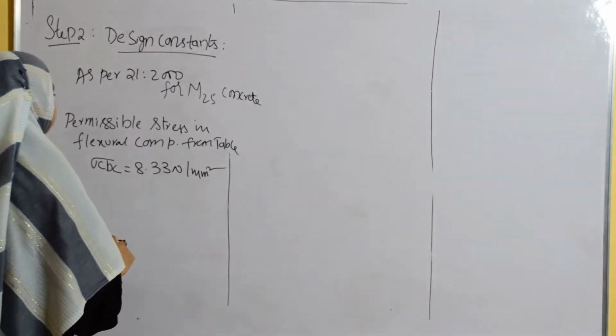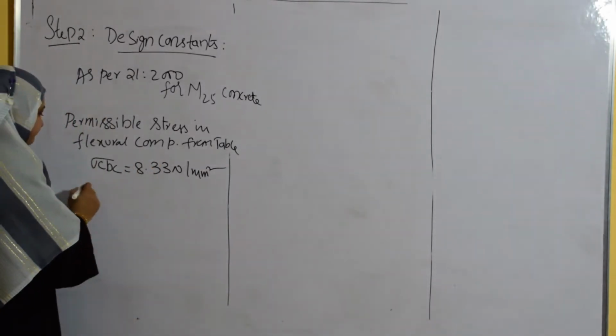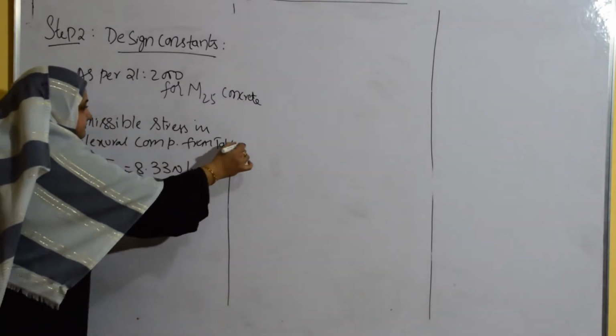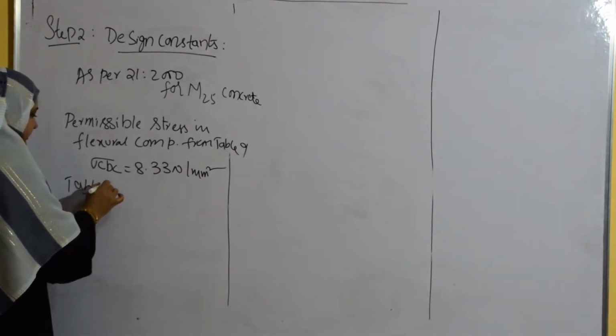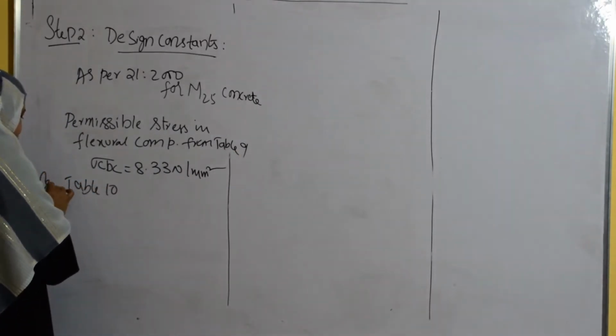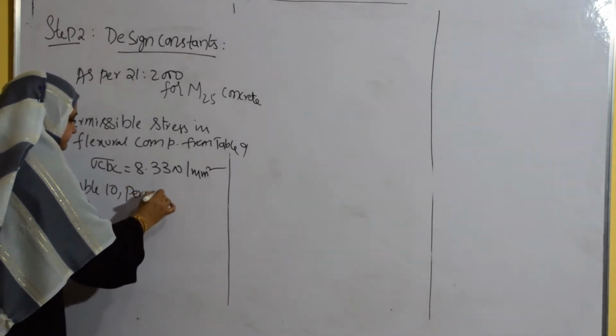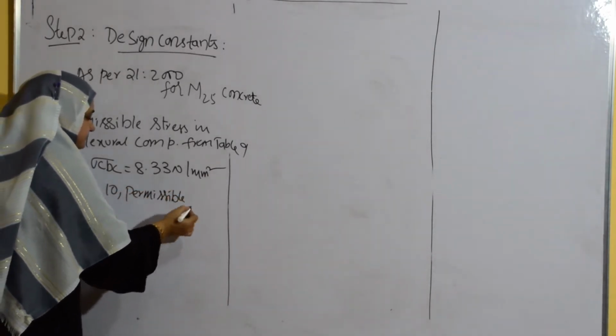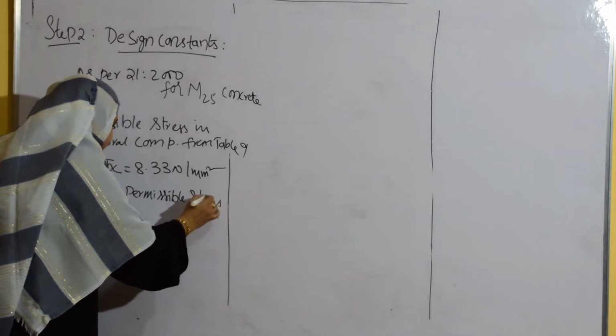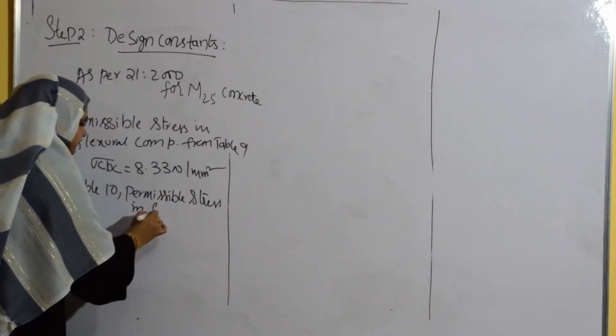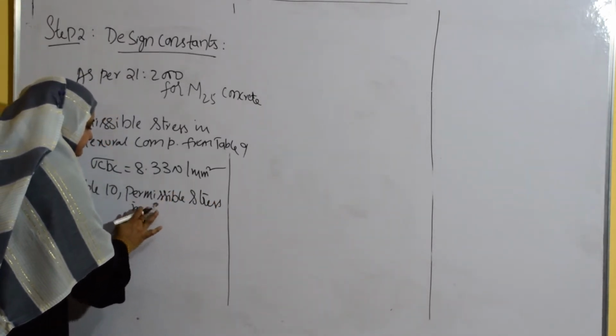In the same way, permissible stress in steel we get from table 10. From table 10, permissible stress in steel.